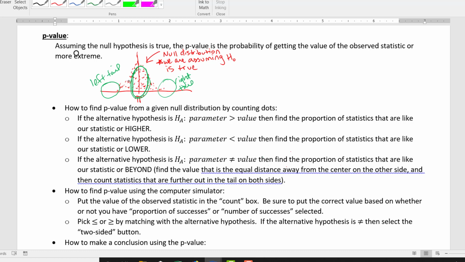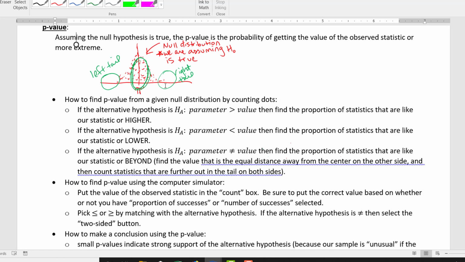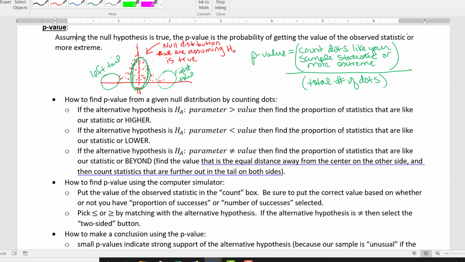The p-value is the proportion of sample statistics that are like your sample statistic or more extreme. Basically, you will count the dots that are like your sample statistic or more extreme, and then divide by the total number of dots. So the p-value, you count the dots that are like your sample statistic or more extreme and divide by the total number of dots.